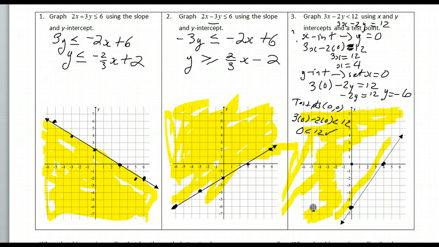So in this case, we needed to do a test point to determine whether we should be shading above or below the line. We have a dashed line to indicate that the line is not a part of the solution and that all of the points in this region will in fact satisfy the inequality 3x minus 2y is less than 12.